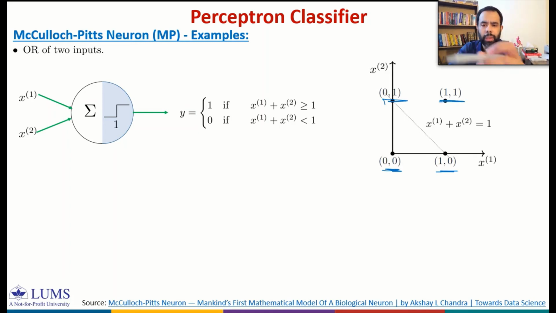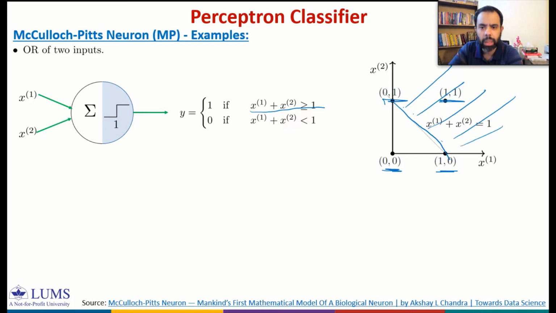And if we see this classifier, if the sum of inputs is greater than or equal to 1, that means any point on this line and any point that is above this line, for that point the output is equal to 1, and if you get something here, the output is 0. Right?